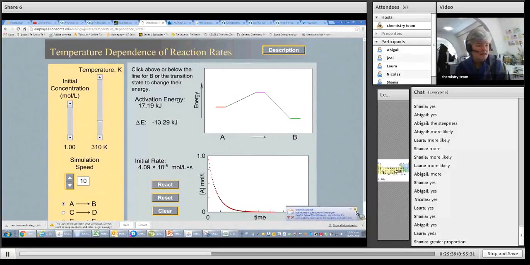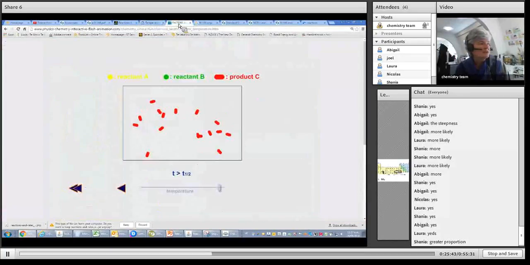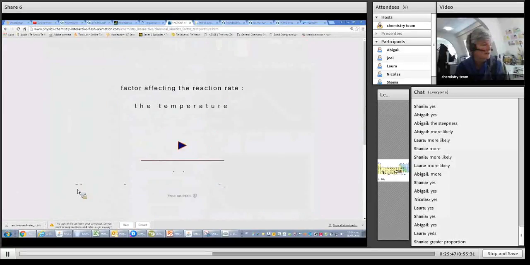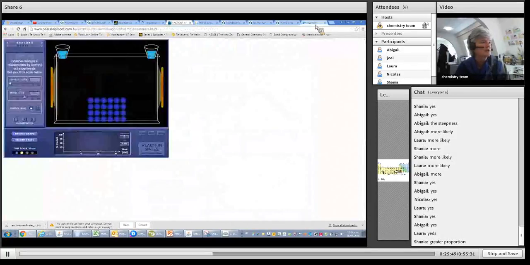Then the last one. Let's go over here. Oh no, we've done that one. Where is it? There. Okay, so this is the last one. This is the effect of surface area.